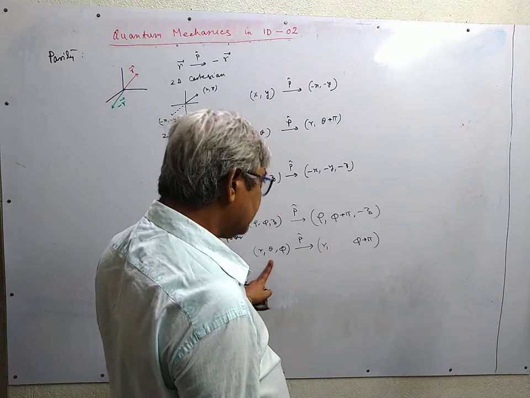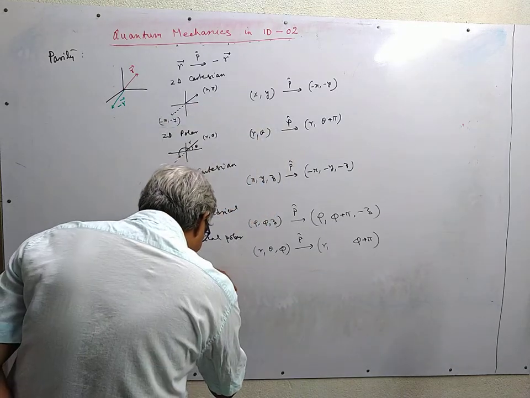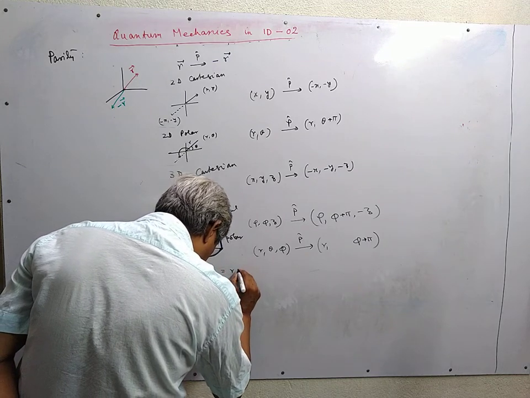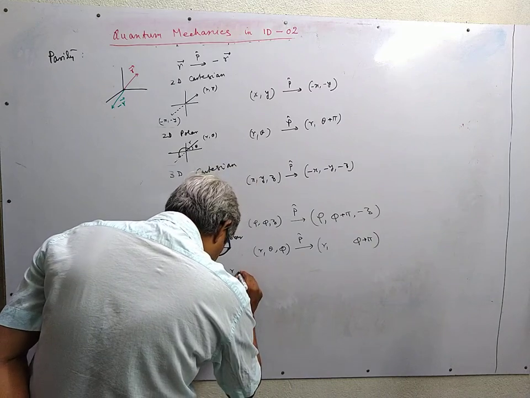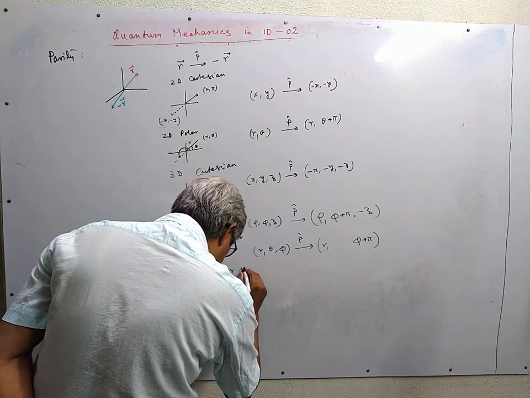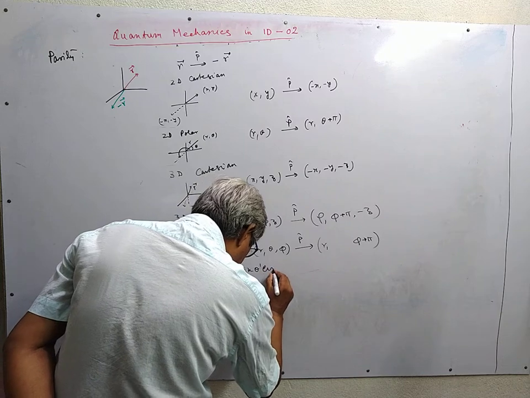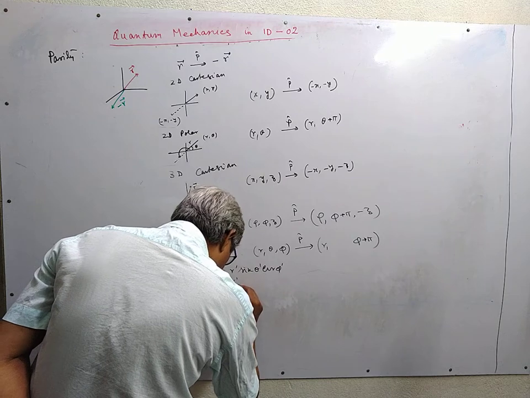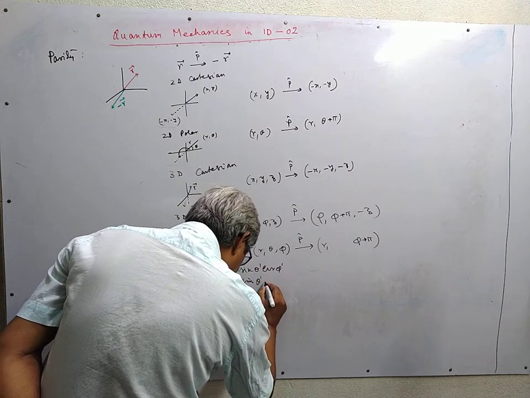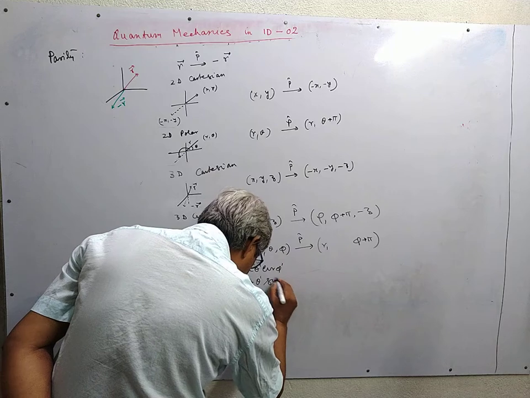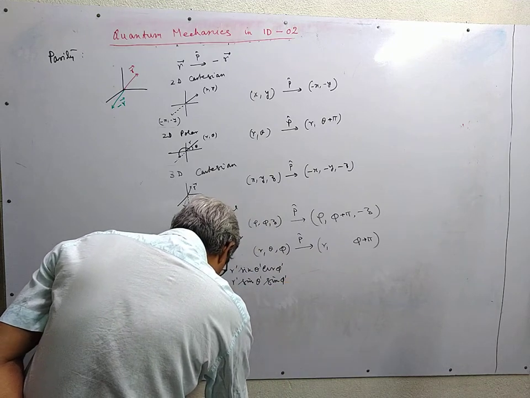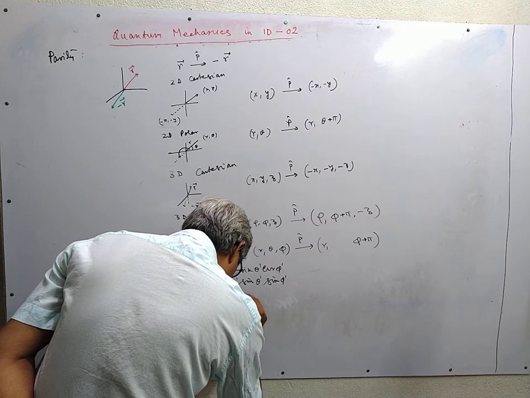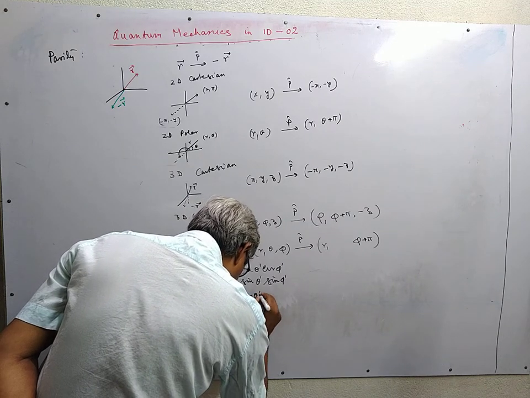If we go on mathematically, we know that x under our parity operation is r sine theta prime cos phi prime, y is equal to r sine theta prime sine phi prime.